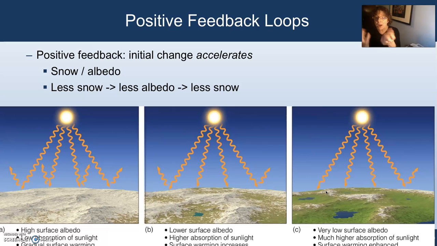There is more absorption of those radiant waves into the now darkened ground. And so there is warming there, which produces less snow. So if we start with a circumstance of less snow, then that will be accelerated by less reflectivity, which will warm the ground and produce less snow.